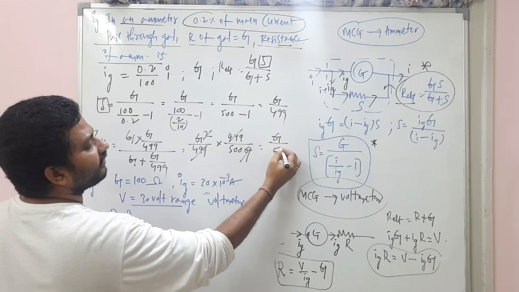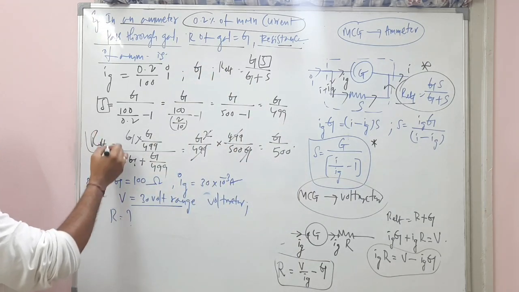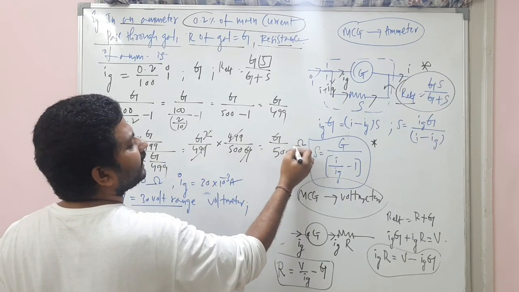G by 500 is the answer. So this is the effective resistance of this ammeter circuit.